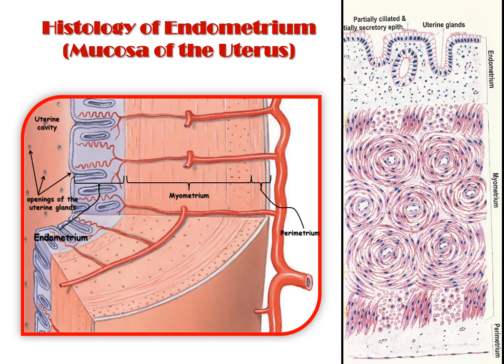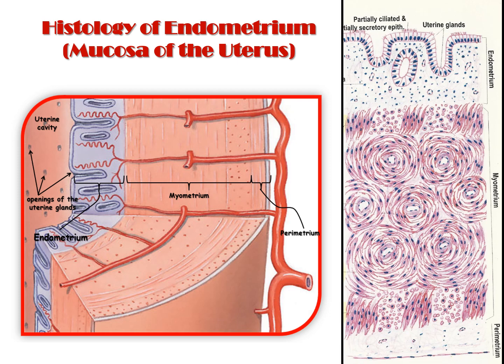This is to move any structure moving inside the uterine cavity towards the fundus. So these cilia beat towards the fundus of the uterus. And the secretory part, as we mentioned before, is for the nutrient of the future zygote.